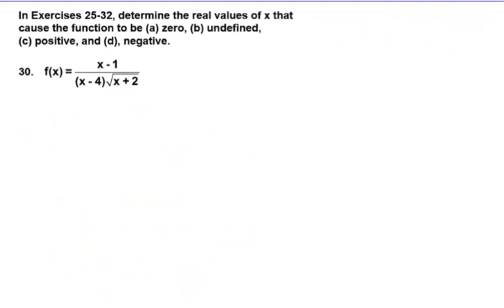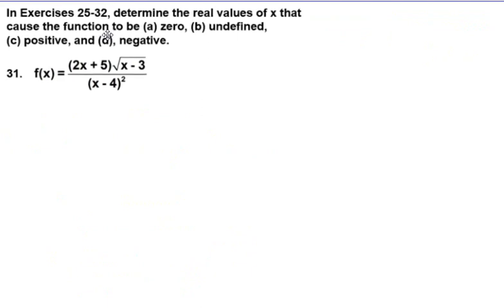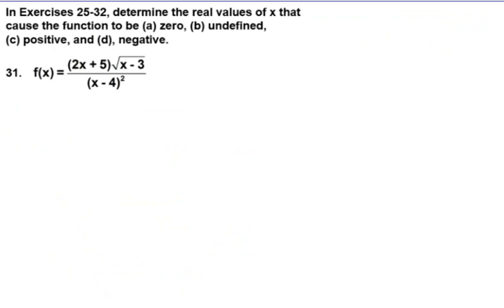Okay, now we go to problem 31, and make sure this is in our field of view here. Okay, we have again our numerator. So we're going to find our critical numbers. I'm going to set the numerator equal to 0.